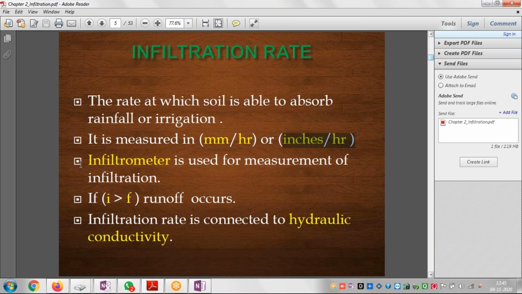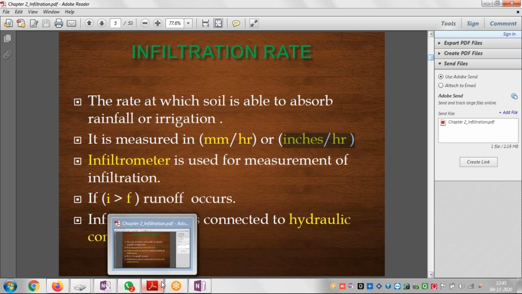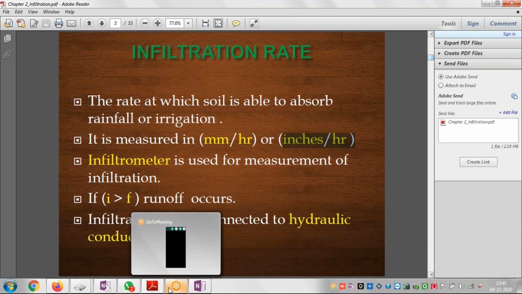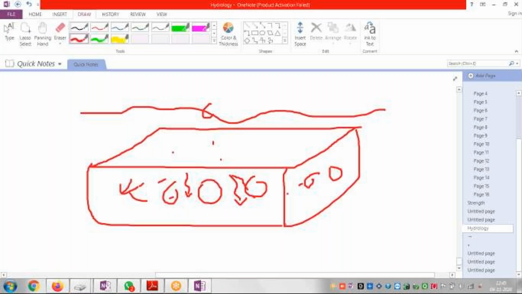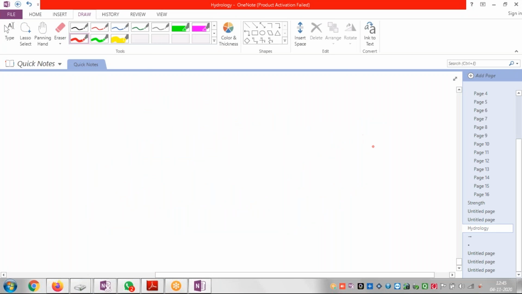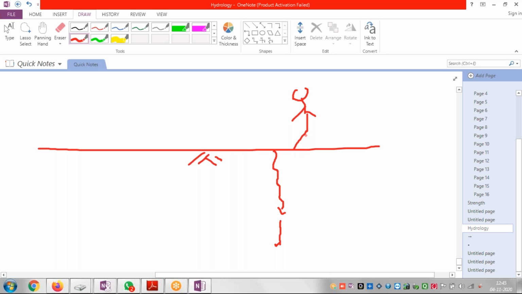Now another point, just think how you can measure the infiltration rate. For example, this is the earth surface, and water is going inside, and a person is here, right? But we cannot see below the ground how water is traveling.